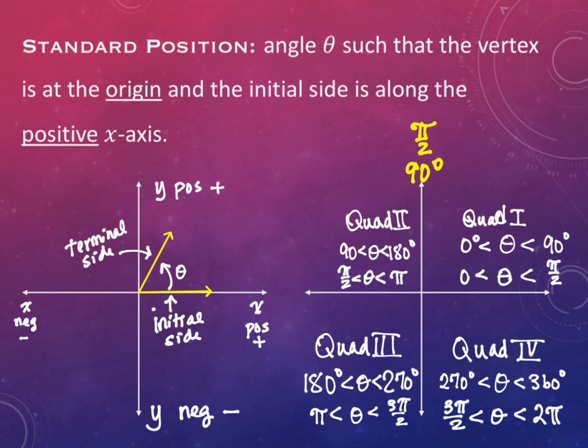So the quadrantal angle that's occurring at 90 degrees is the same as the angle called pi over 2 in terms of radians. Over here, we're at 180 degrees, which is pi radians. Down here is 270 degrees, which is 3 pi over 2 radians. And if you go all the way around, you've gone 360 degrees or 2 pi radians.